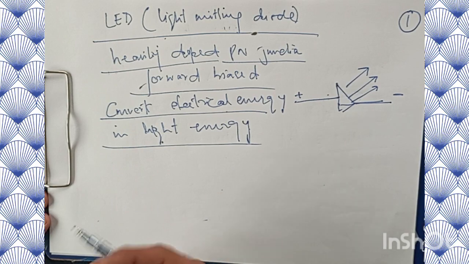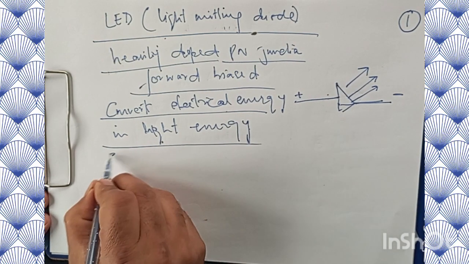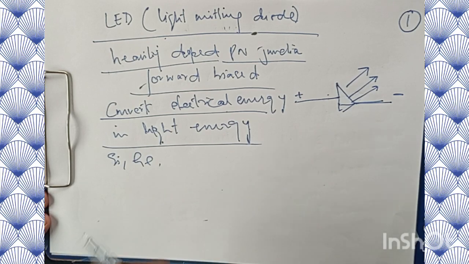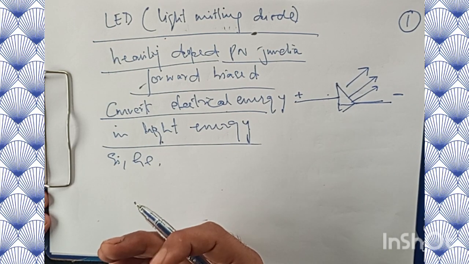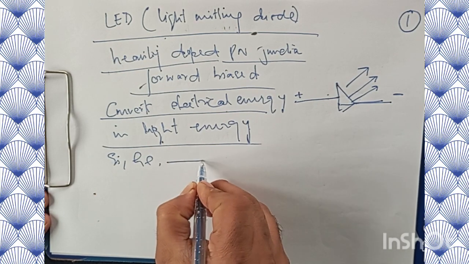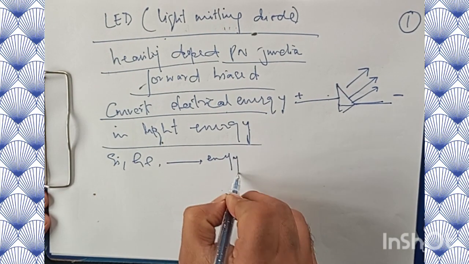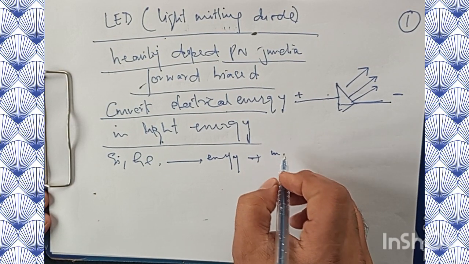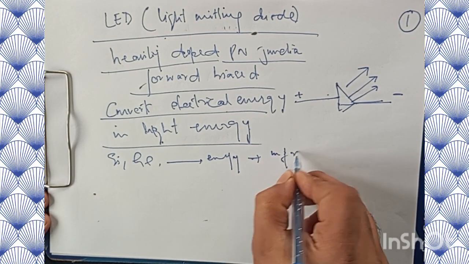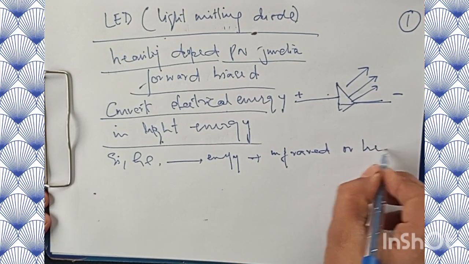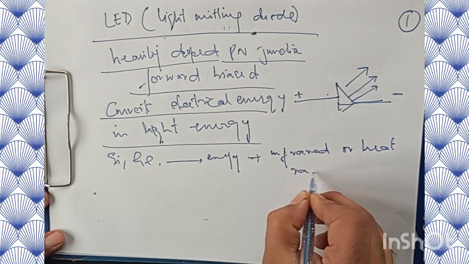Now, talking about elements like silicon and germanium, LEDs made of these semiconductors emit energy in the form of infrared radiations, so infrared or heat radiations, right?